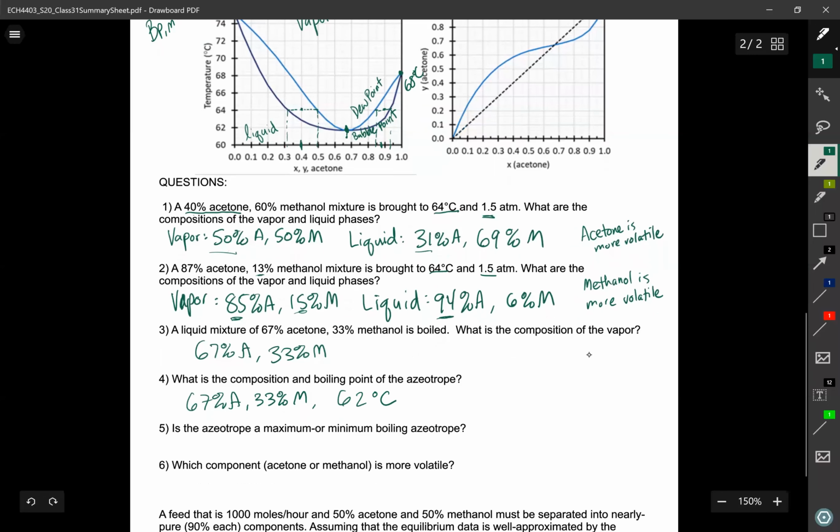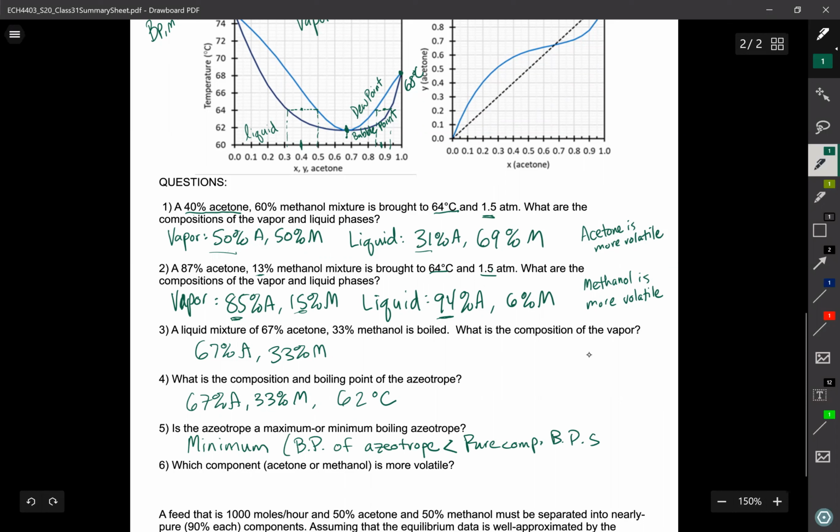So the question of whether it's a minimum or maximum boiling azeotrope, most azeotropes that you see are going to be minimum. There are a few examples of maximum. I'd say just a majority are minimum. It's not like an overwhelming majority or anything like that. It's a minimum boiling point azeotrope because the boiling point of the azeotrope is less than pure component boiling points.